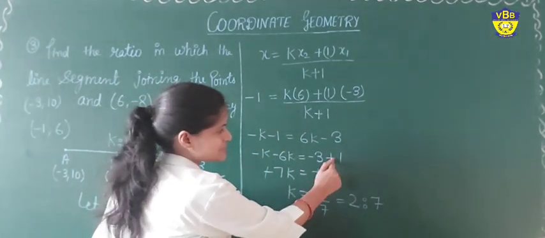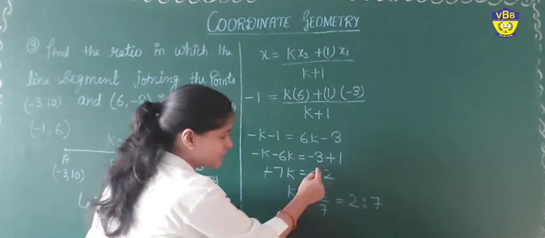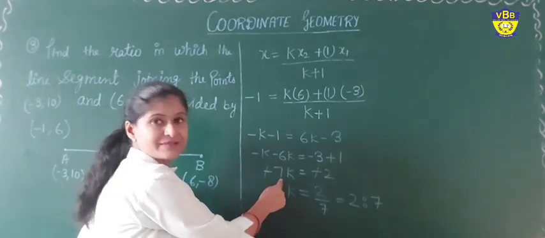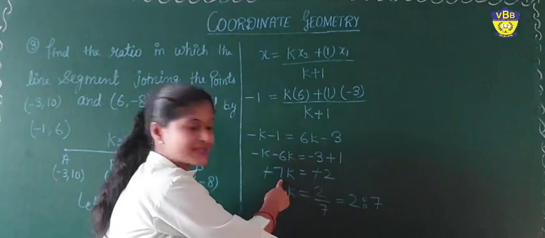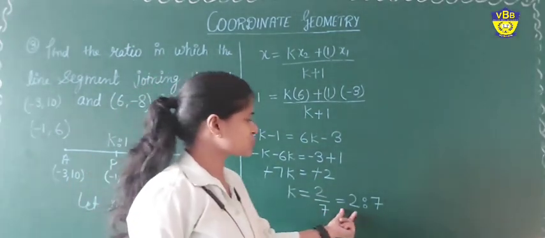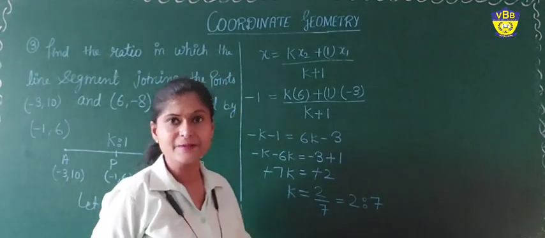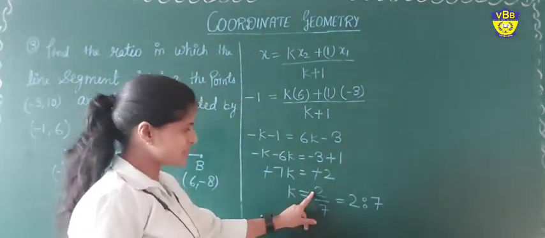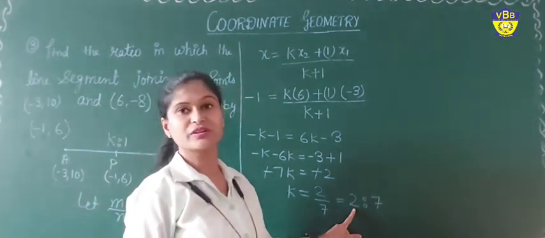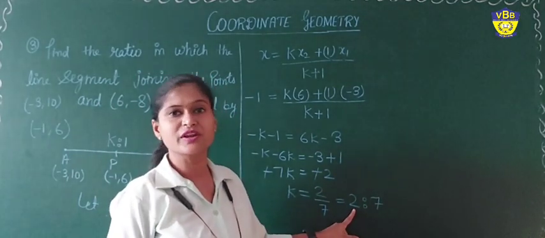Minus 3 plus 1 is minus 2. We cut the sign. 7k is equal to 2, because it is in multiplication. When we transpose the 7, it will be in division. The k value is 2:7. You can say this is m, this is n, so the required ratio is 2:7.